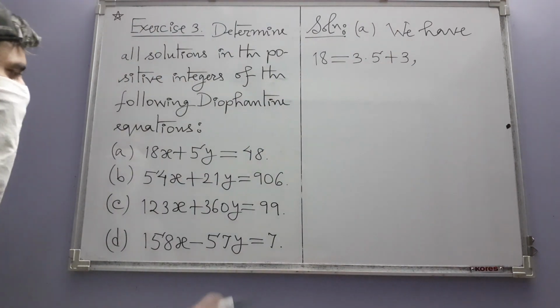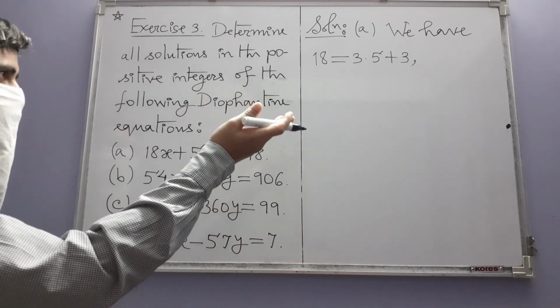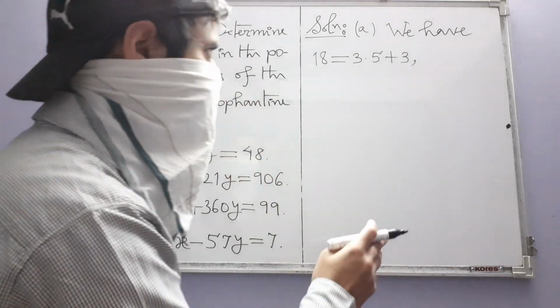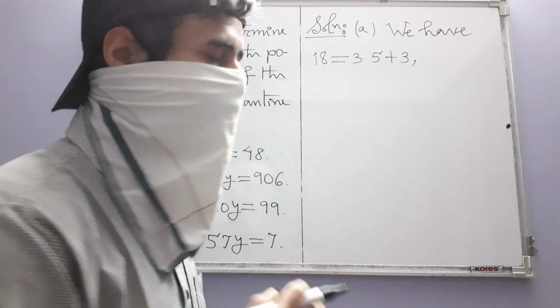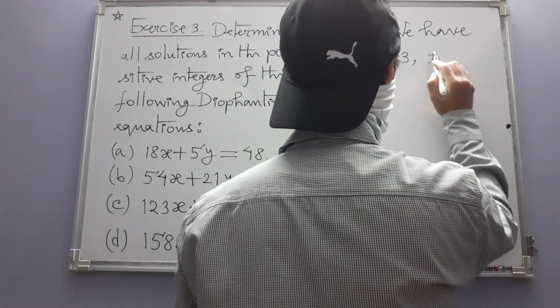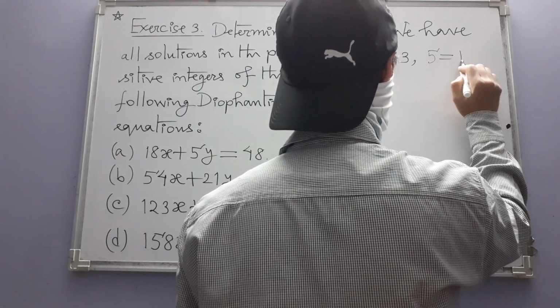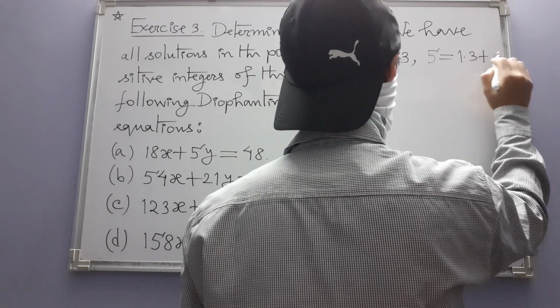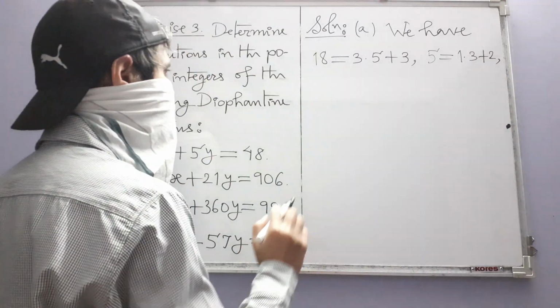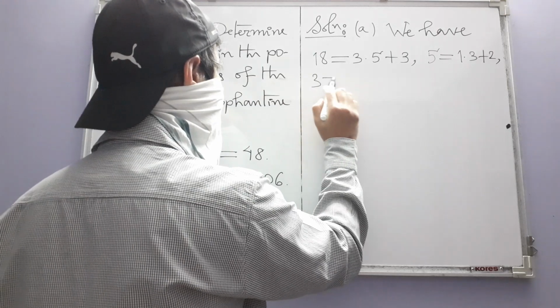We divide 18 by 5, and the remainder is 3. Next we divide 5 by 3. The remainder is 2.